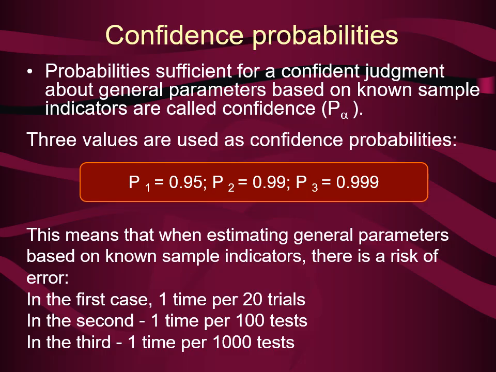And finally, if the highest requirements are placed on the reliability of the results, then the third probability is chosen, 0.999. It would be nice if only the third probability was used in biomedical research, when one deviation per thousand would be allowed.